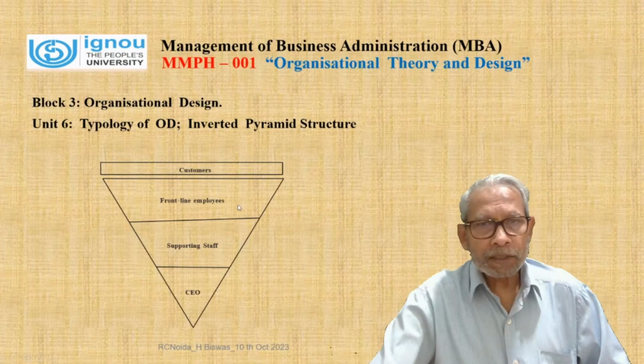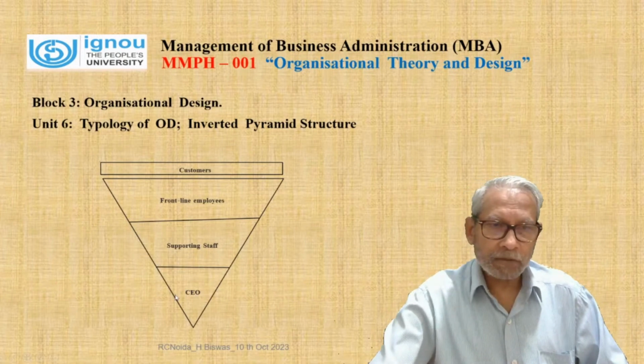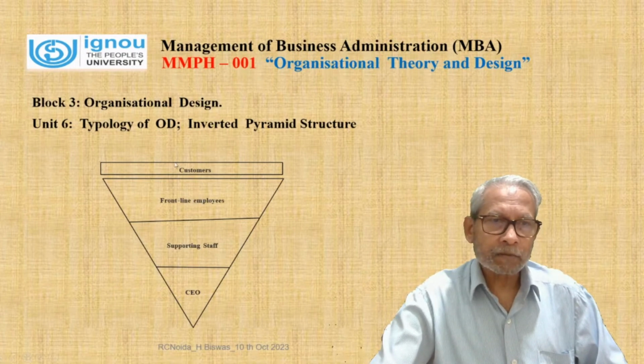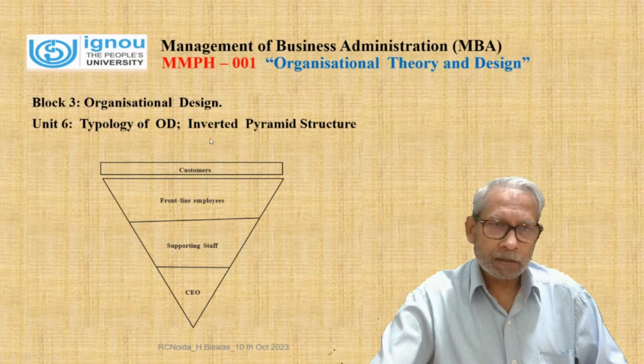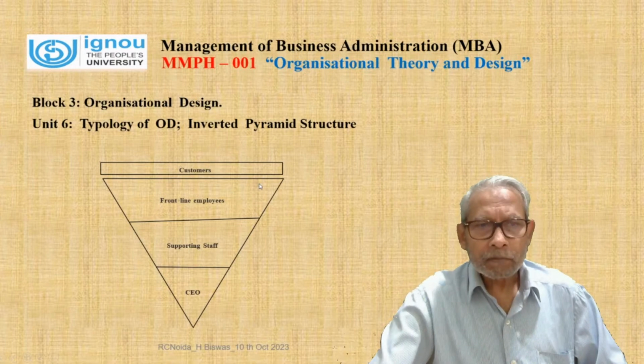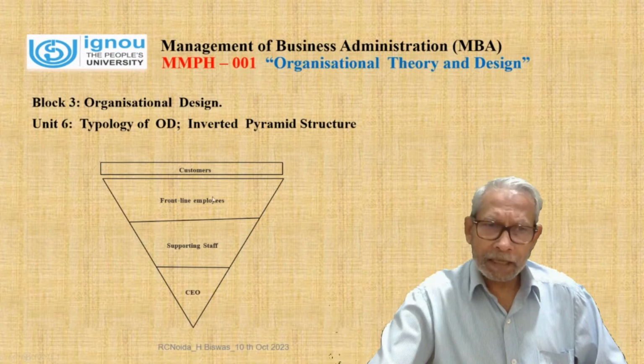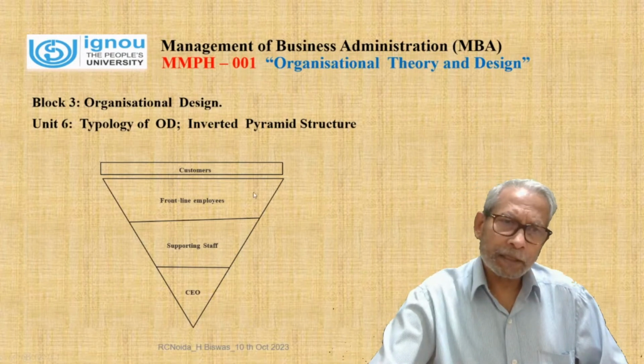In this diagram you see the pyramid structure where the CEO is at the bottom, then the reporting staff, then the frontline employees, and then the customers. Suppose for your customer care, phone calls are coming from the customers. The frontline officers are taking care of all these things, their grievances and any problems, and they are addressing everything.